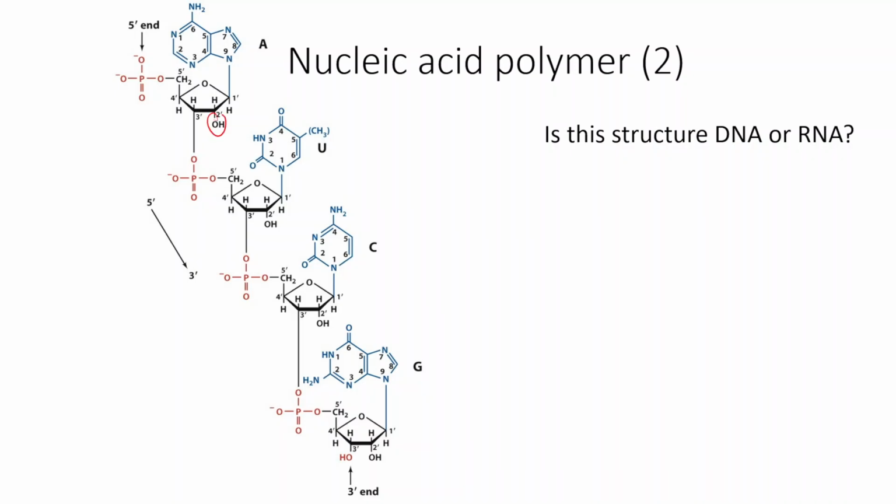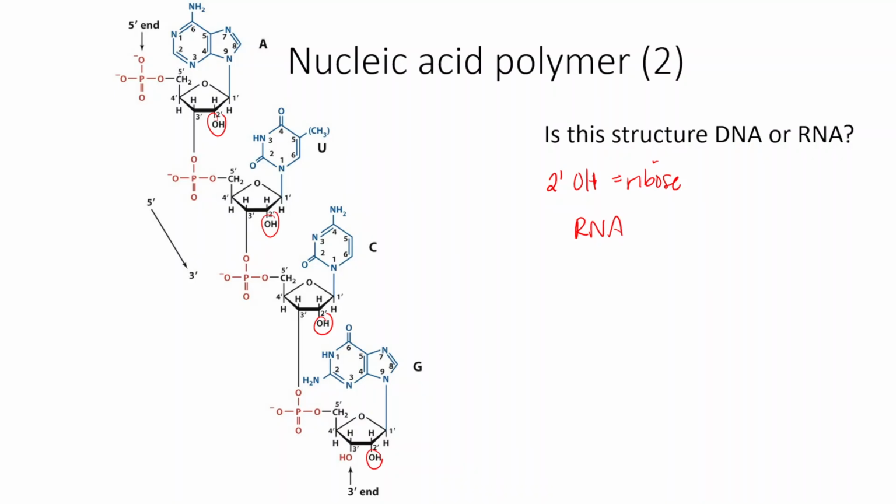So we have these hydroxyl groups on the 2' carbon. So we know that that gives us ribose. And we know that ribose gives us RNA. We can also see from the structure that we have our phosphate groups attached to the 5' end of all the ribose, all the sugars.